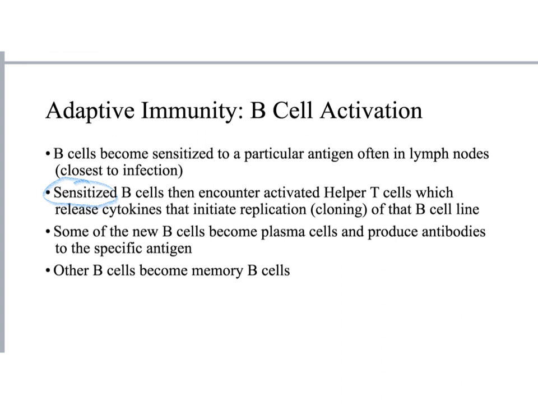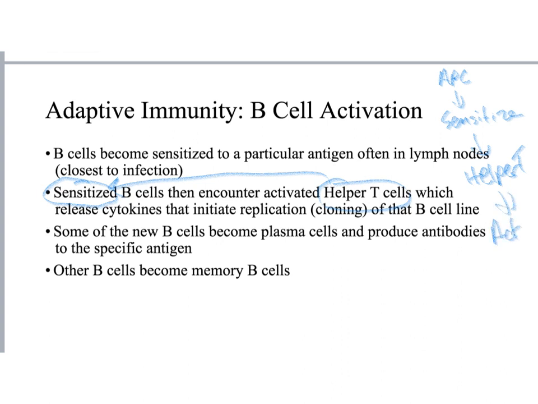Then once that sensitized B cell encounters a helper T cell, that helper T cell actually activates the sensitized B cell. So there's two steps here. Antigen presenting cells are going to be the ones that sensitize. And then a sensitized B cell will encounter a helper T cell, and that will cause it to become activated.